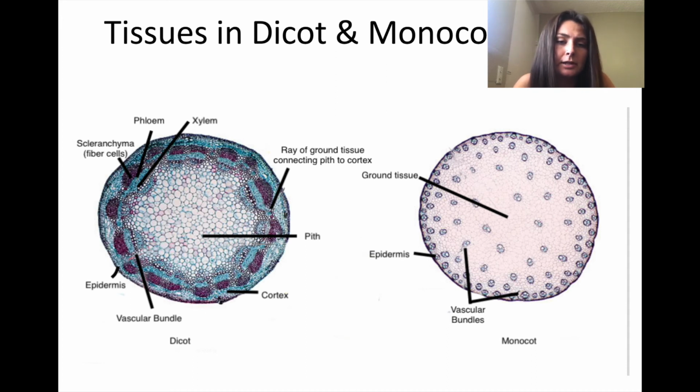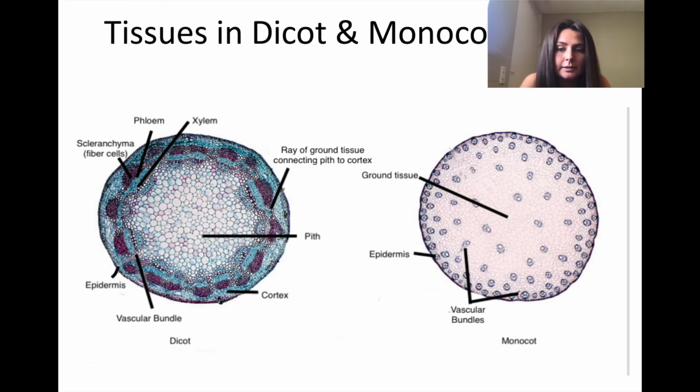The vascular system is made up of cortex and stele, and these are the two distinguishing regions in the dicot cell, while the vascular bundles in monocot cells are scattered and there is no specific cortex or stele found in them. The cortex is beneath the epidermis, and this is basically to transport materials to the center cylinder of the root. And this can be used for food storage, like starch.